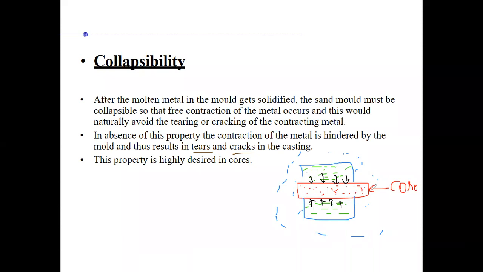We have made it to be collapsible. So that collapsibility property is also required. This property is highly desired in cores. This exact example is what is meant here. Am I clear?